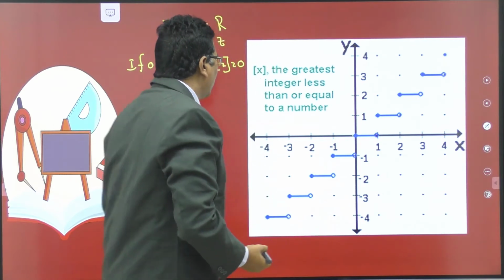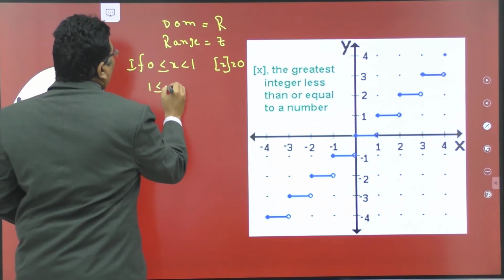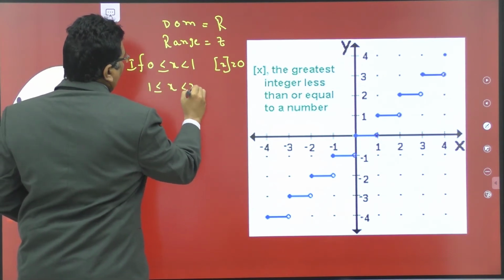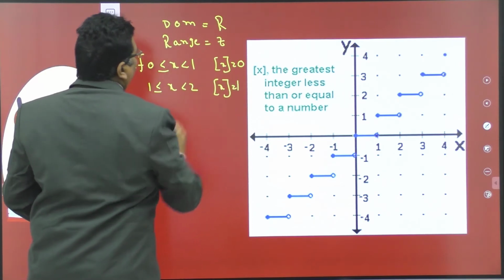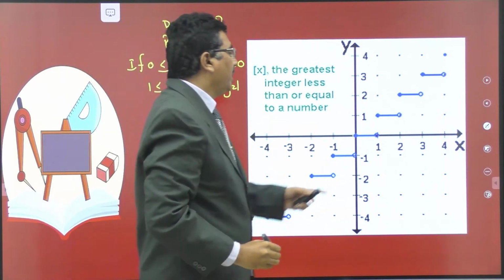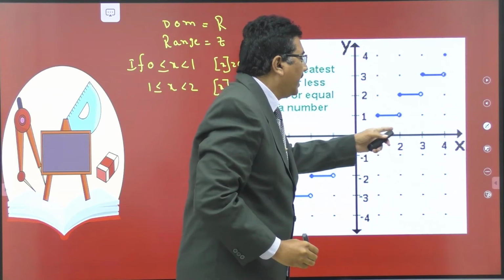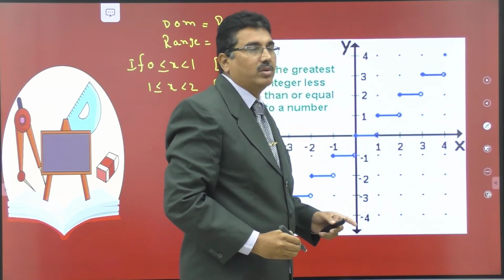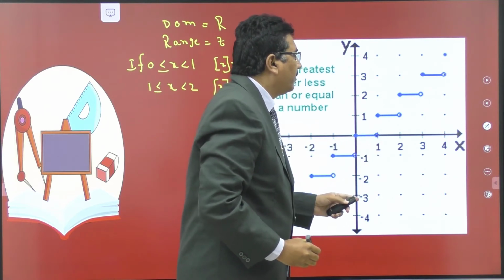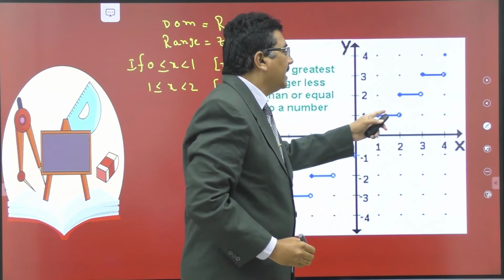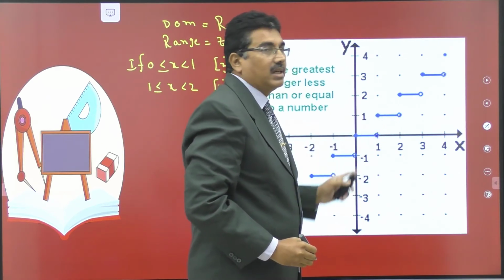Now if x is greater than or equal to 1 and less than 2, in this case [x] is equal to 1. The integral part of every number between 1 and 2 is 1. So in this interval, the graph of this function is y equal to 1. That is another step.